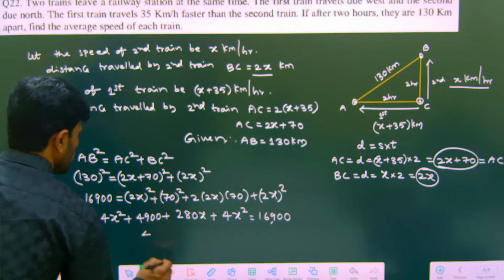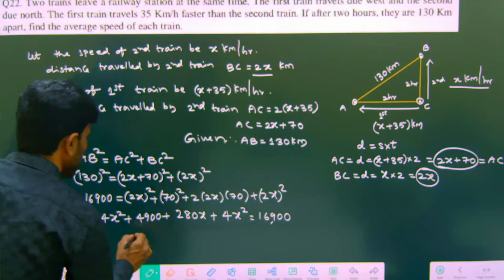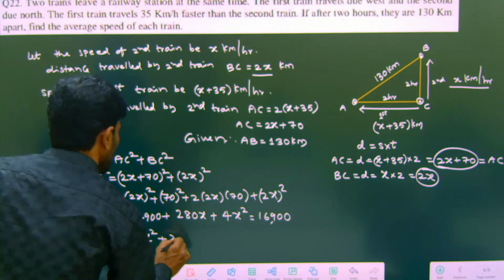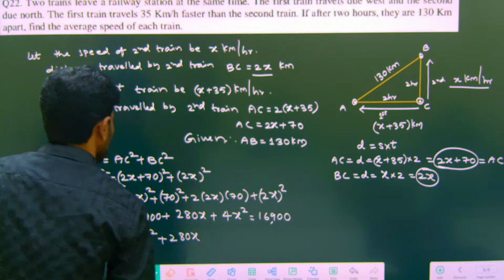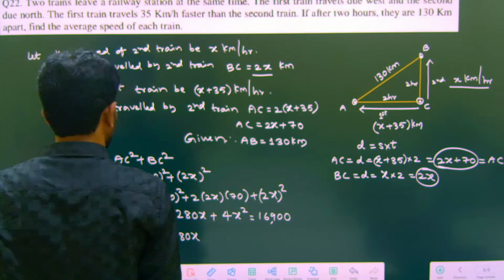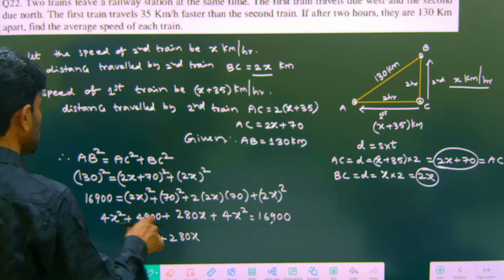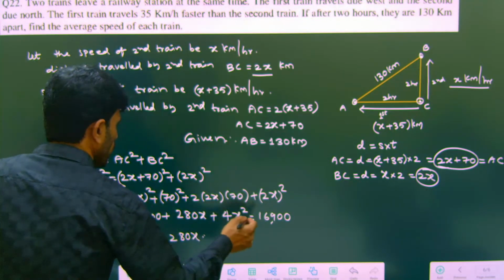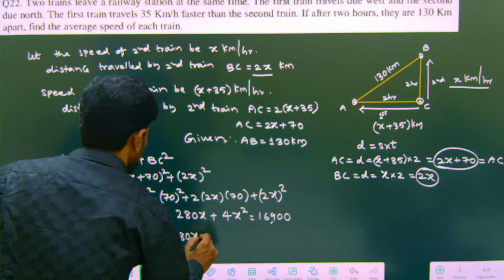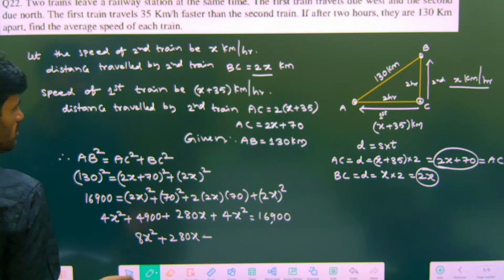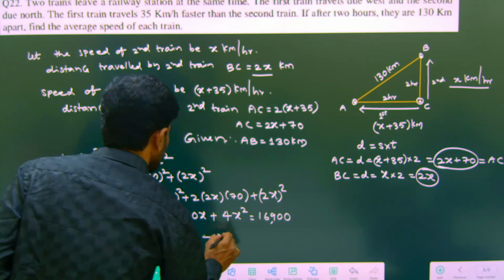If you simplify, 4x square plus 4x square is 8x square plus 280x. The 4,900 should be transposed to that side, or transpose 16,900 this side, becomes 4,900 minus 16,900, which is minus 12,000.